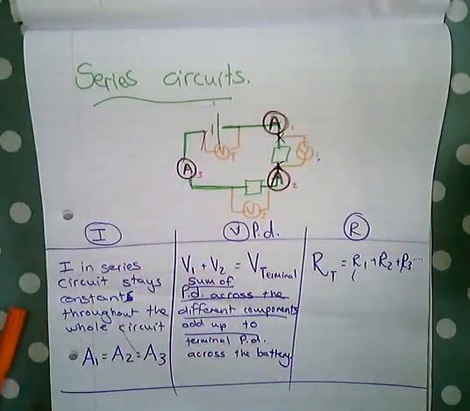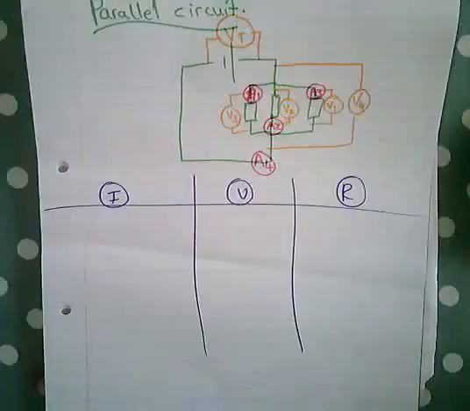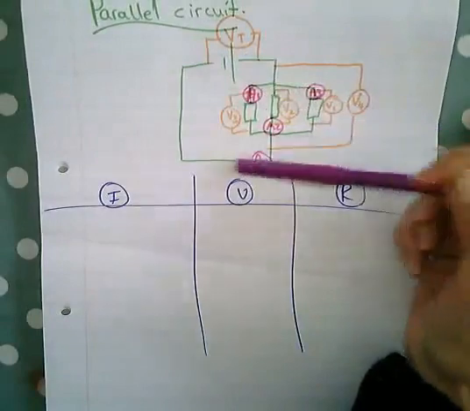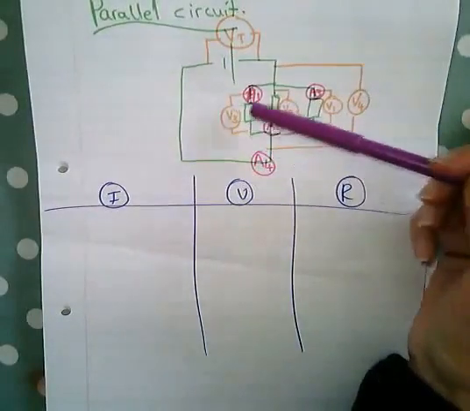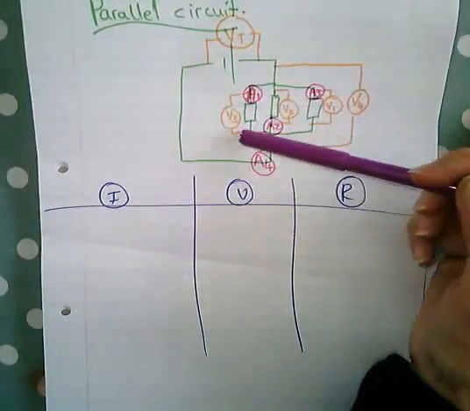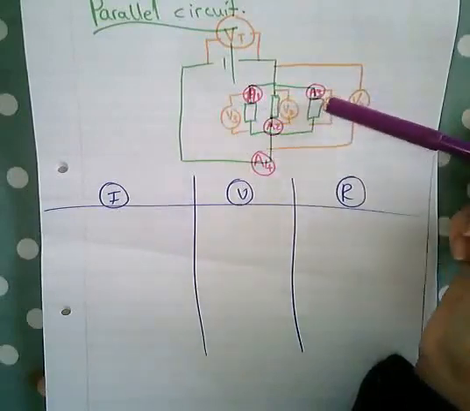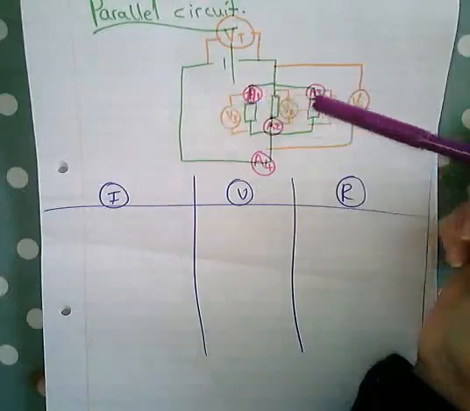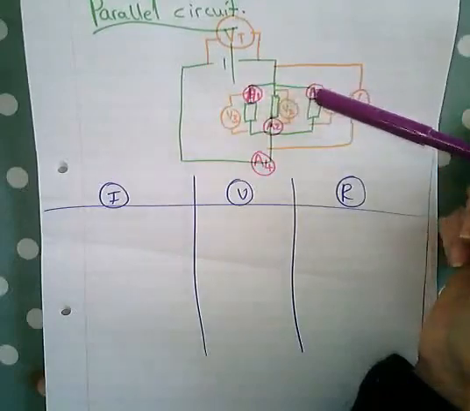Okay, so for a parallel circuit, that's our parallel connection. So 3 resistors in parallel with voltmeter 1, voltmeter 2, voltmeter 3, ammeter 1, ammeter 2, ammeter 3. Then we have voltmeter 4 and ammeter 4.